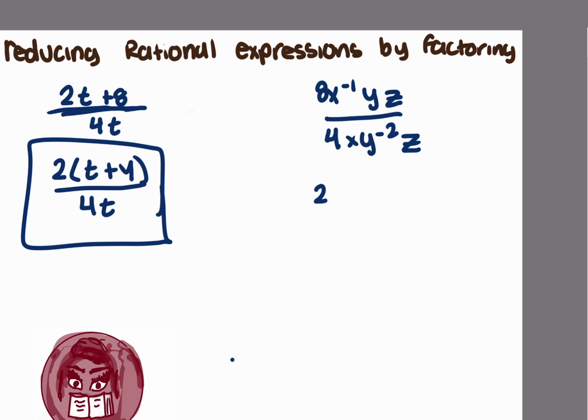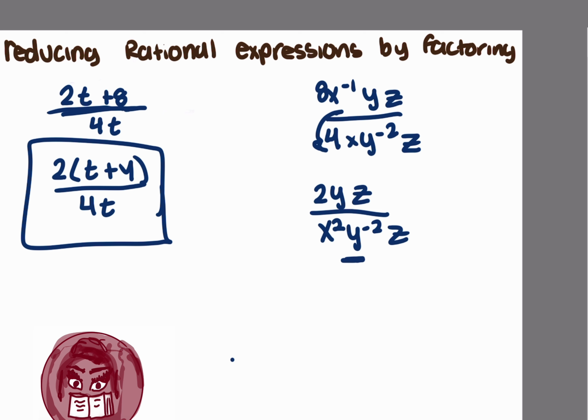So we can do 2, and then we can put the x down here because it's a negative. So we leave the y and the z on top, and we do y squared y to the negative 2 times z.